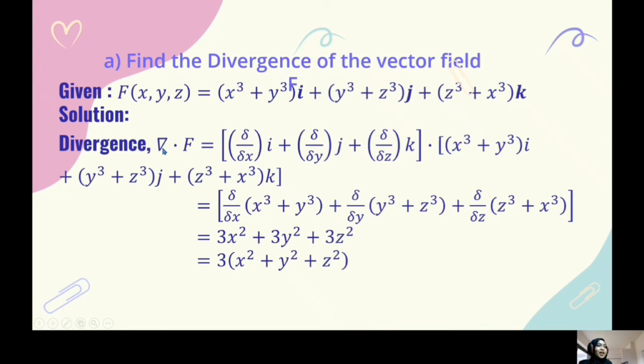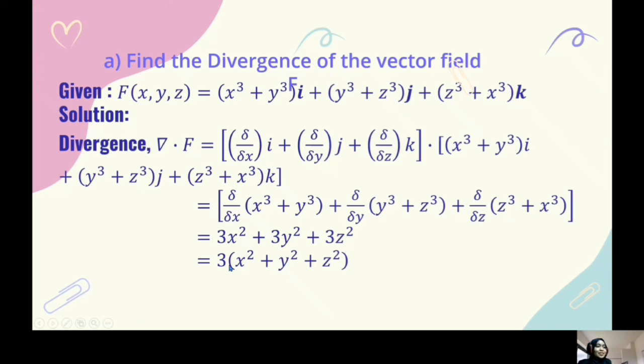Solution for A. Del dot F = (∂/∂x i + ∂/∂y j + ∂/∂z k) · ((x cubed + y cubed)i + (y cubed + z cubed)j + (z cubed + x cubed)k) = ∂/∂x (x cubed + y cubed) + ∂/∂y (y cubed + z cubed) + ∂/∂z (z cubed + x cubed) = 3x squared + 3y squared + 3z squared.